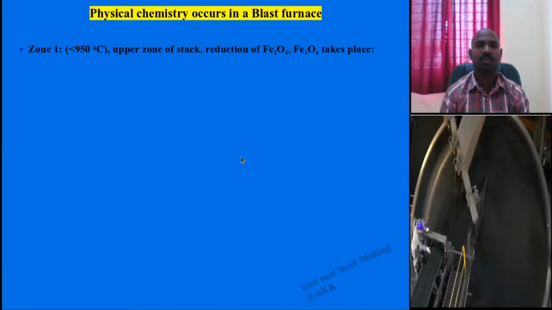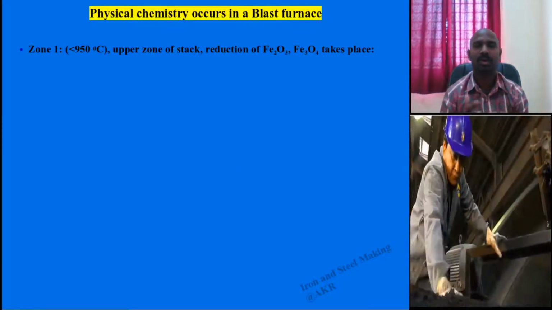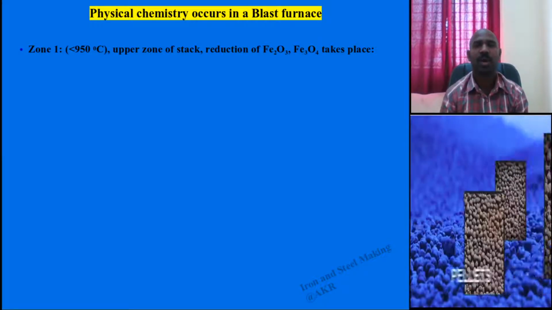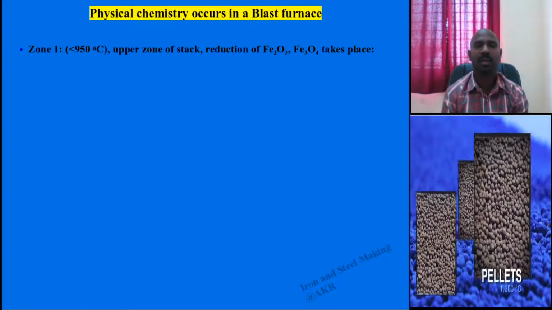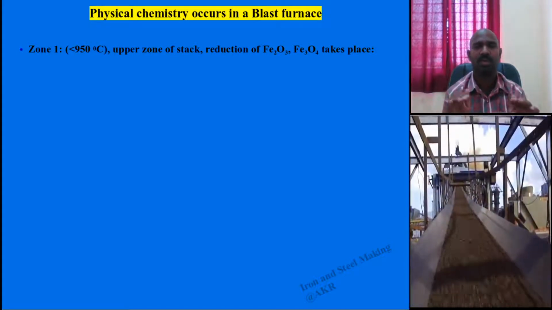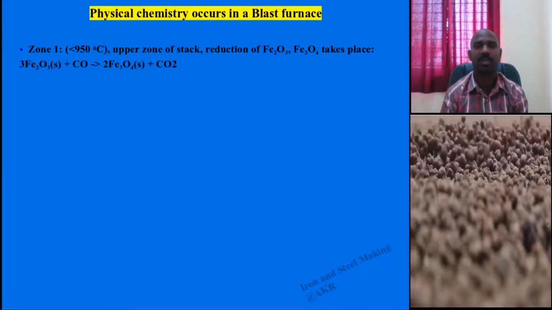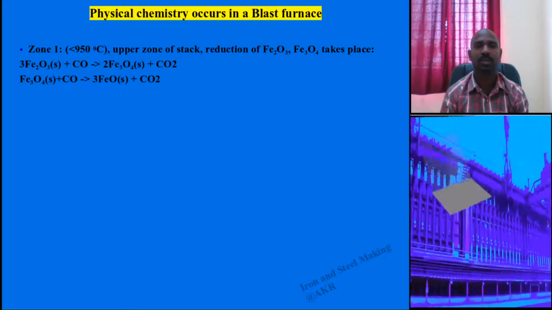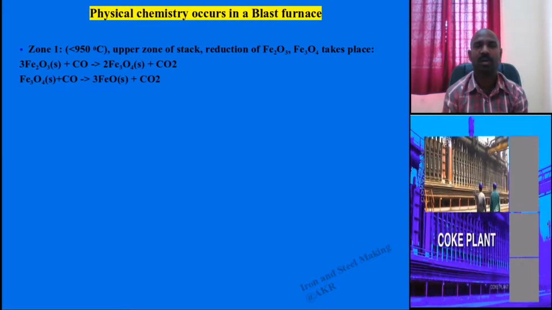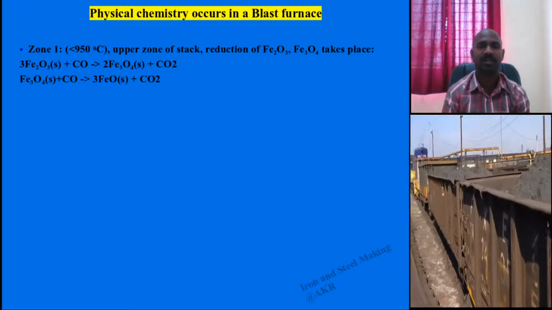Zone 1 can be called the upper zone of the stack, where the reduction of Fe2O3 with CO takes place, and consequently reactions such as Fe3O4 reduction take place, giving out CO2.